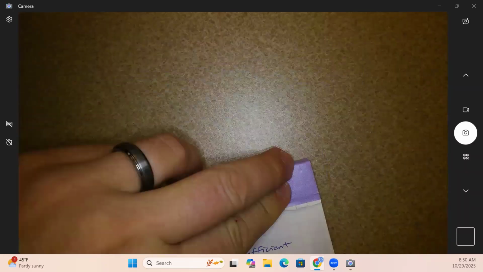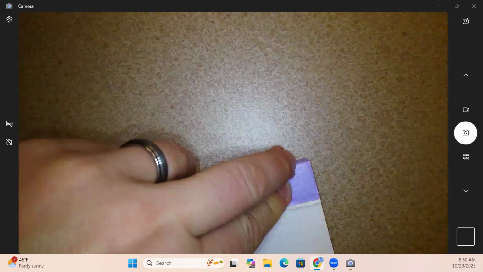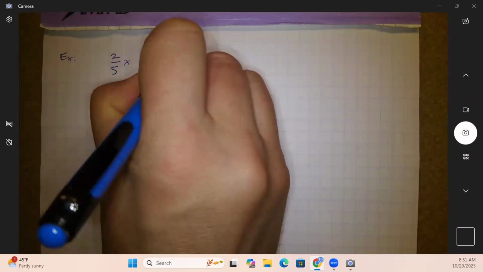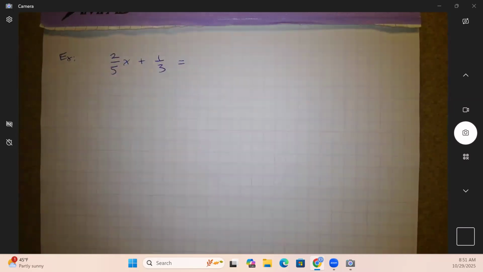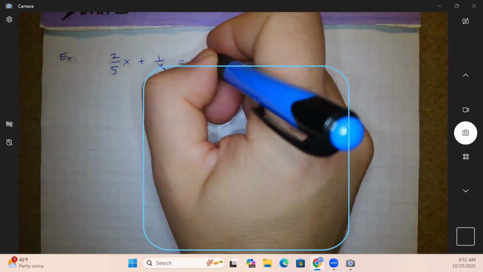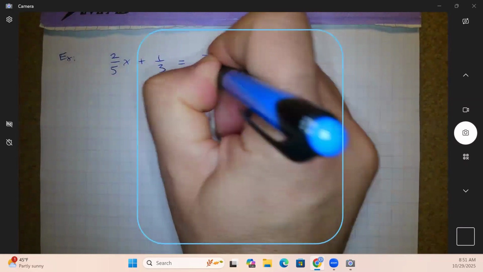All right, so now let's do a two-step. Let's solve 2/5 x plus 1/3 equals, it probably doesn't matter what I end up doing, 7/10.